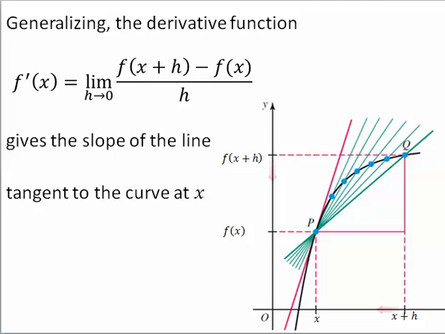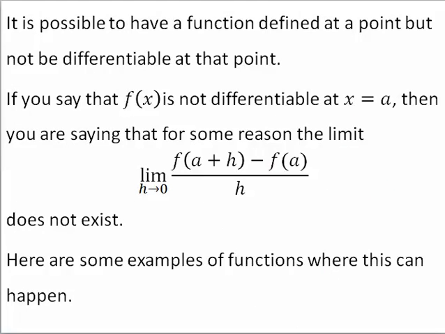So the derivative function not only gives our instantaneous rate of change, but it also gives the slope of the line tangent to the curve at x. So f prime gives me instantaneous rate of change, but it can also tell me the slope of a line tangent to the graph of f at the point x.